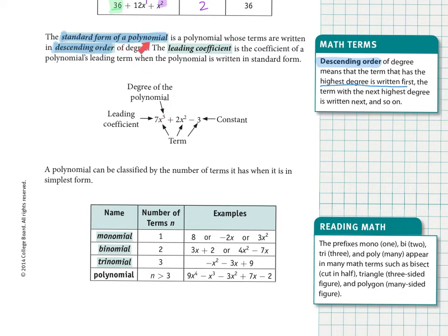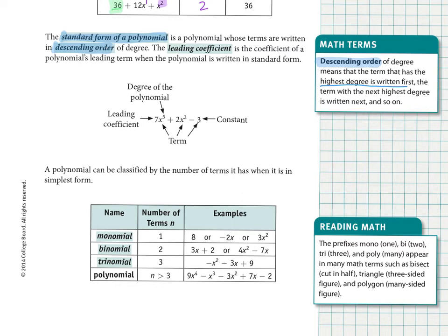When we're putting it in standard order, I put this term first because it has the highest exponent, 7x to the 5th. I then add the next highest exponent, which is 2x squared. And then, last but not least, I put my lowest exponent, or really my constant. If I rewrote this as -3 plus 2x squared plus 7x to the 5th, it would not be in standard form.